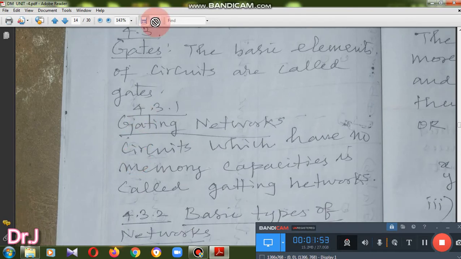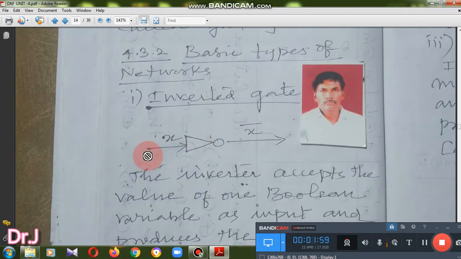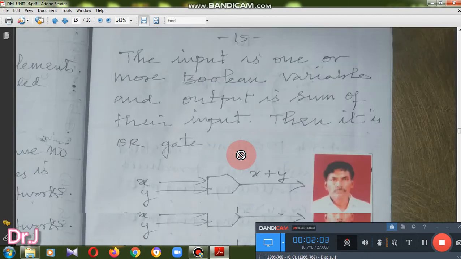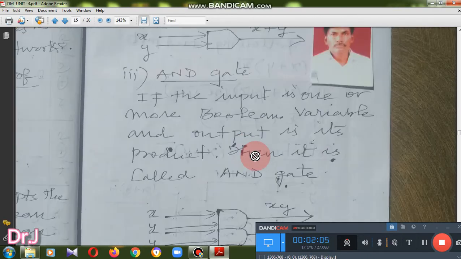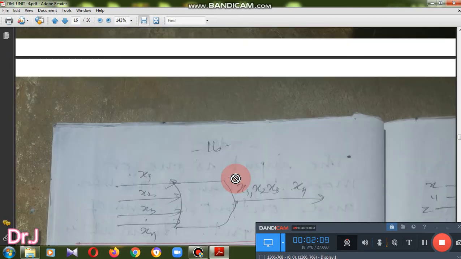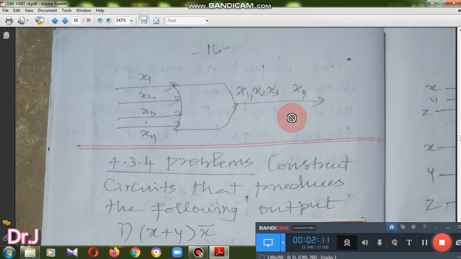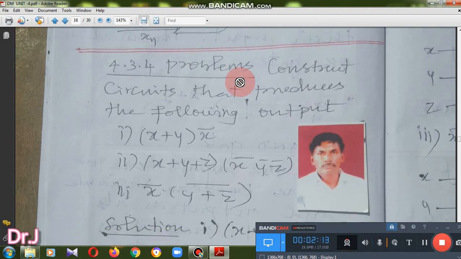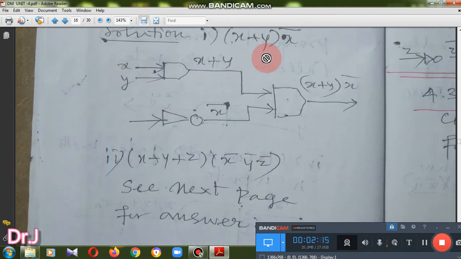Now coming to gates. What is a gate? Now look at this. This is a gate like this, or this is a gate like this. This also is a gate. So here also we have a gate like that. On the basis of pictures like that, we have the problems here.